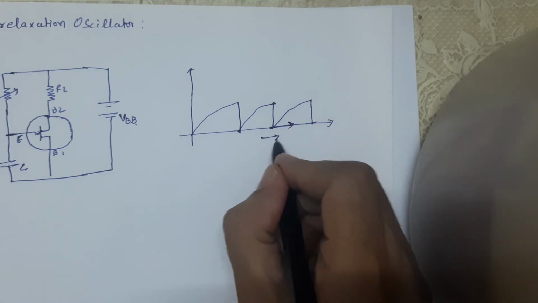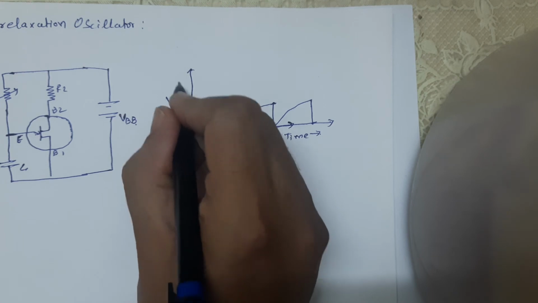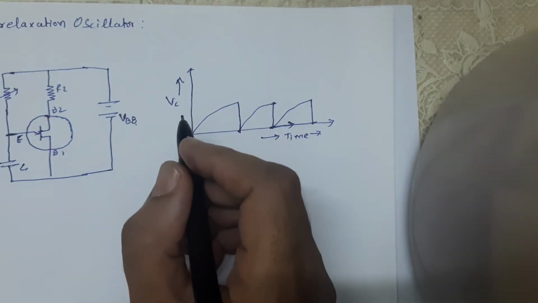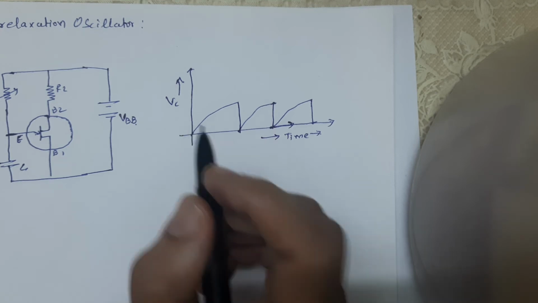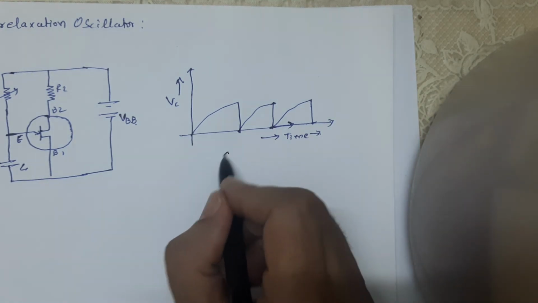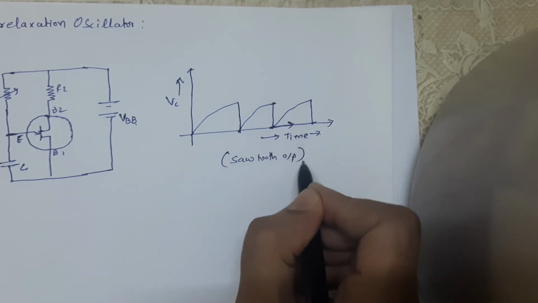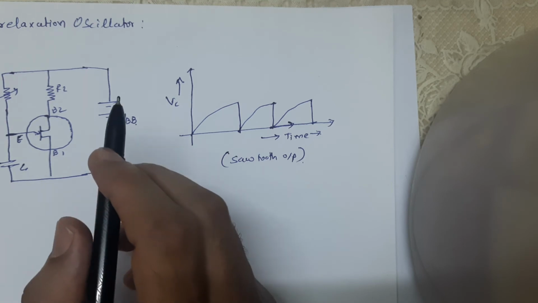This is your time and this is your VC. Figure shows the UJT relaxation oscillator where the discharging of the capacitor through UJT can develop a sawtooth output as shown in the figure. You are getting sawtooth output.